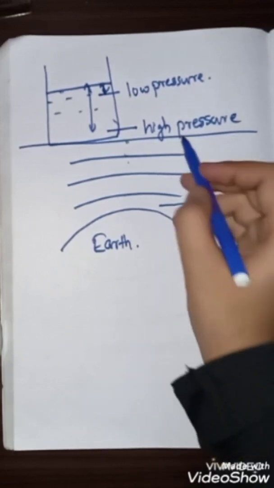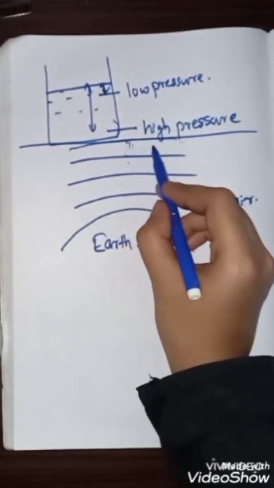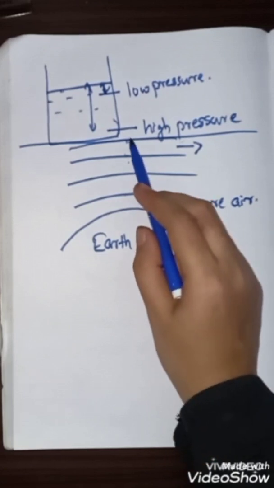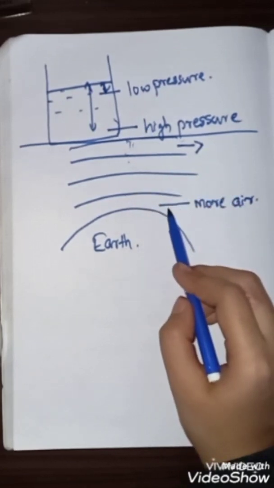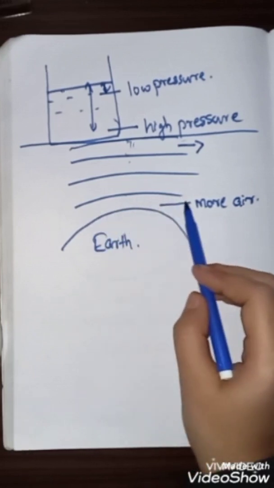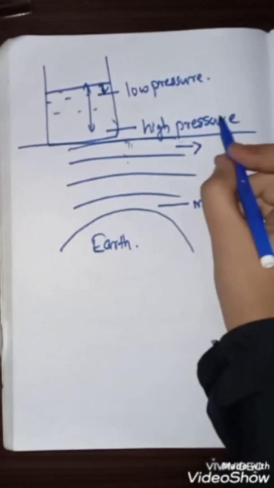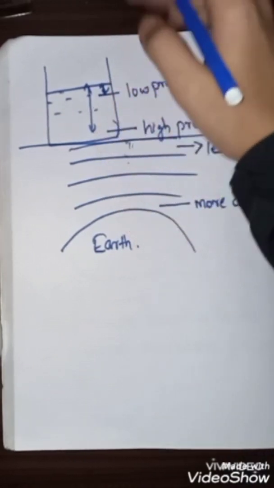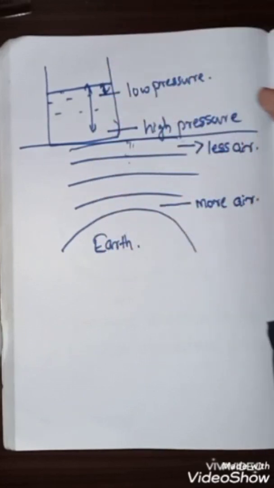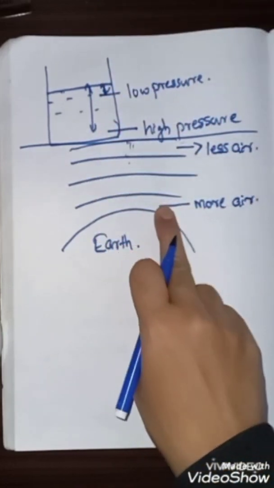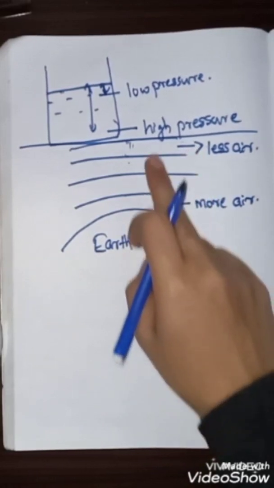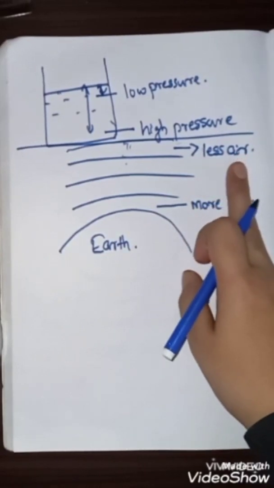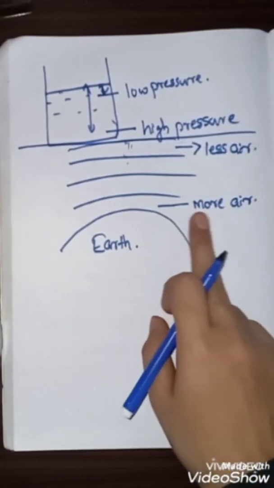And we take this part. Then what is the amount of air in this part? Comparing to this layer, there is less amount of air. We know there are many layers above and above, but compared with the other layer, there is less air above this layer.